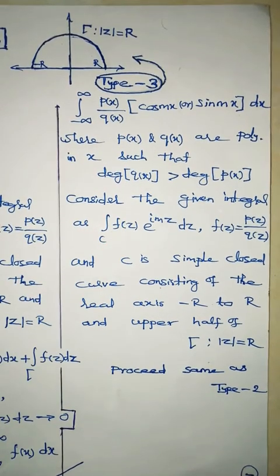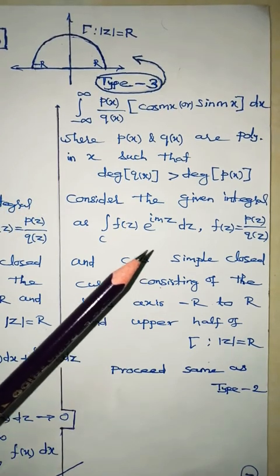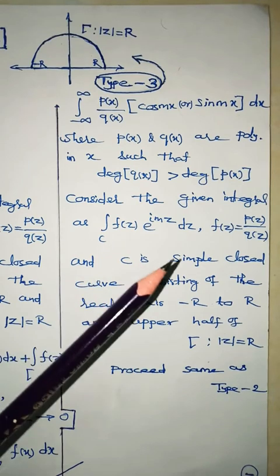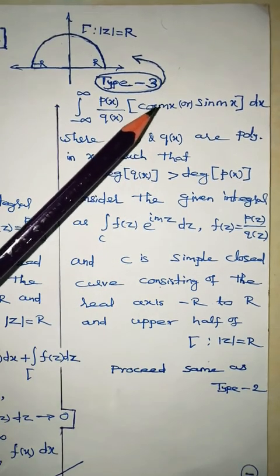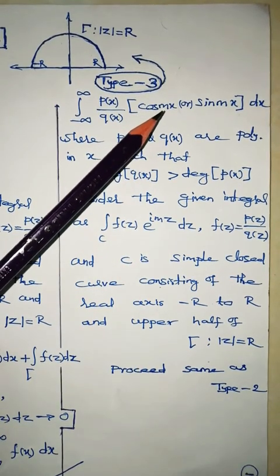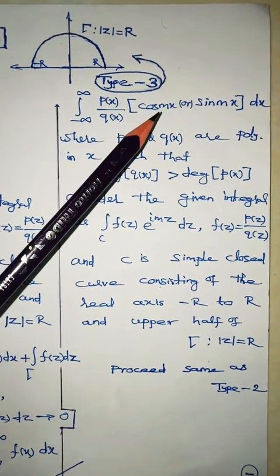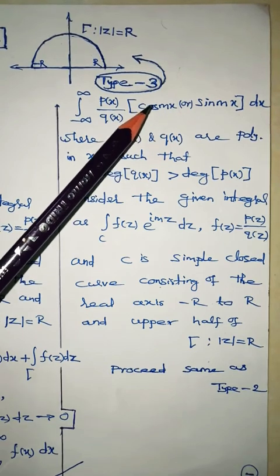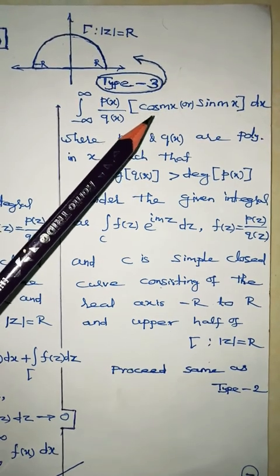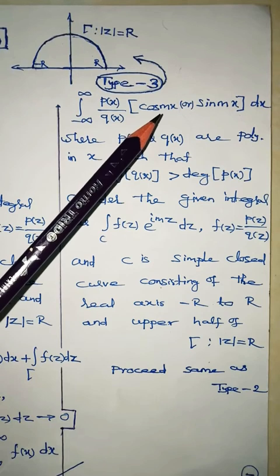So what we did in type 2, the same we are going to apply in type 3 also. The only new step is that in the product we have cos mx or sin mx. You need to rewrite this in the form of exponential, which I will explain while solving problems.